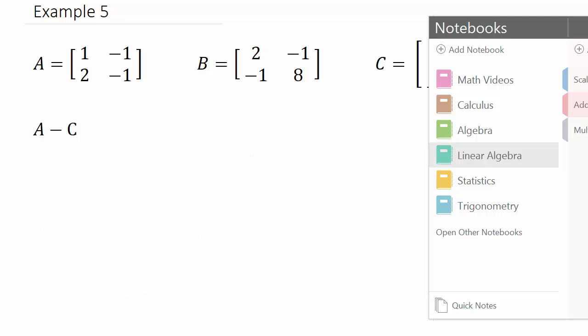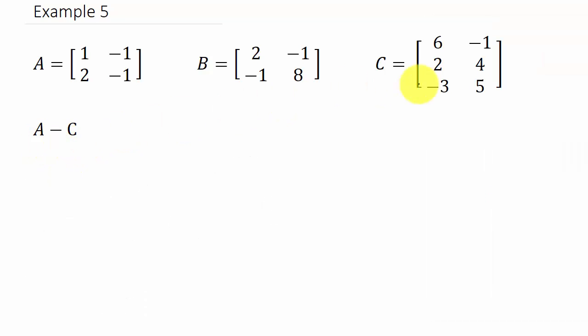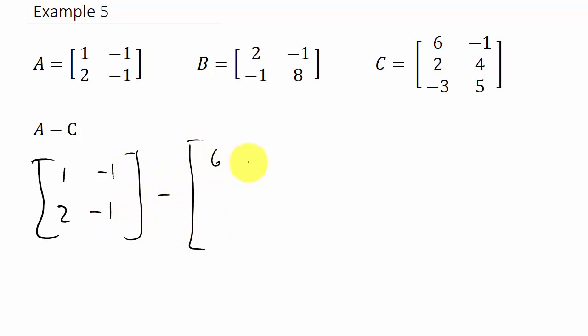Okay. Let's look at another one, A minus C. Okay. So I have 1, negative 1, 2, negative 1, minus 6, negative 1, 2, 4, negative 3, 5. Now you can see this matrix is a 2 by 2.